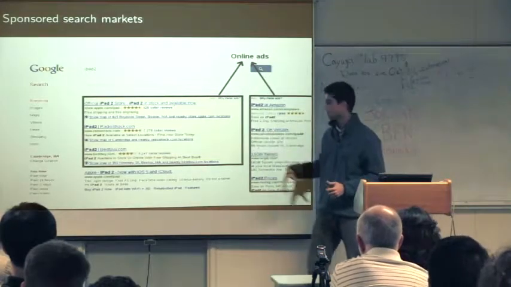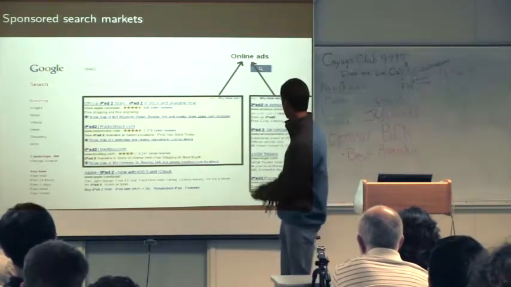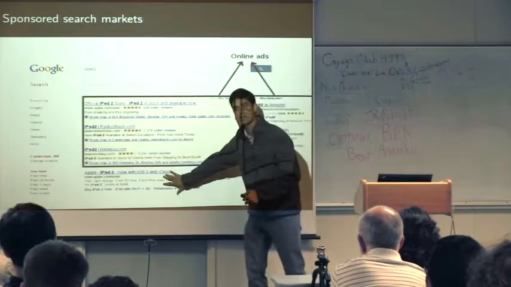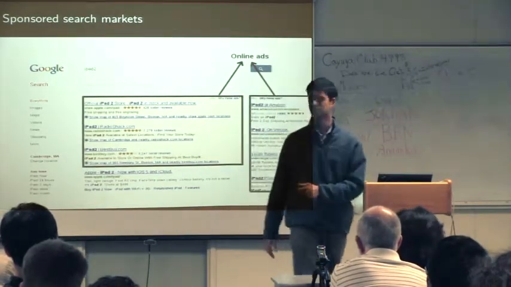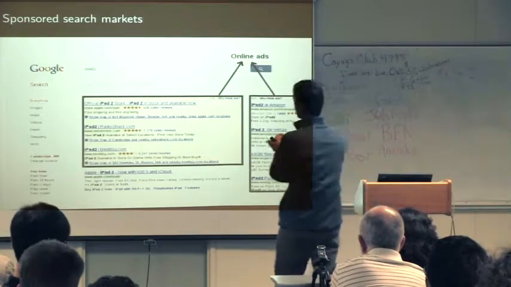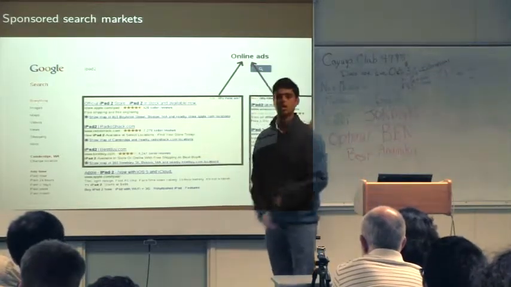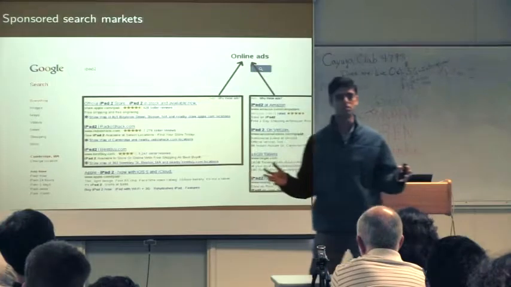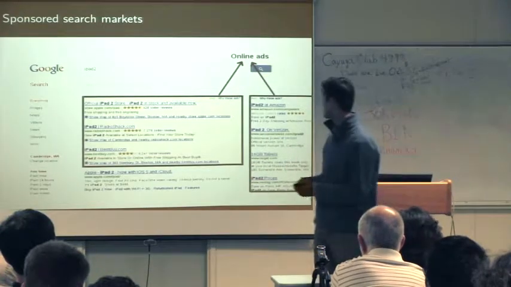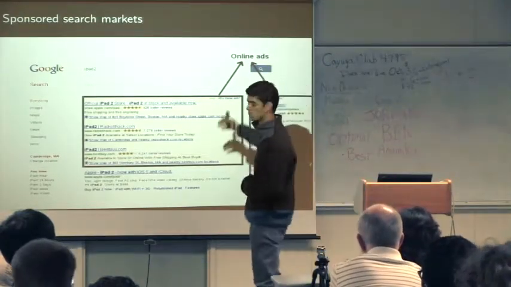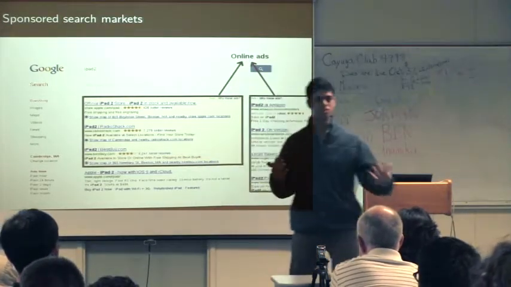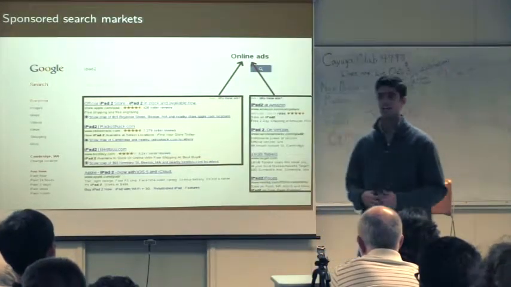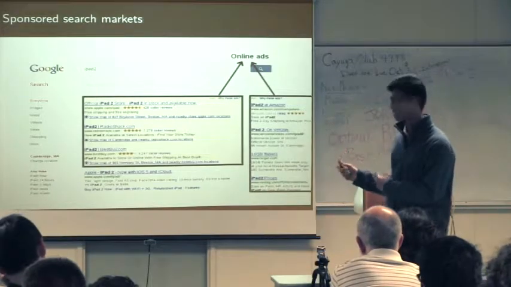Here, for example, there's just one organic result and everything else is sponsored results. These sponsored ads form a huge chunk of revenue for Google, and the way these ads are allocated is through an auction mechanism. Advertisers come to the market and they bid on different keywords, and the winners get their ads placed.